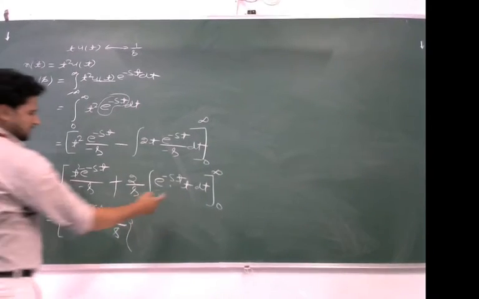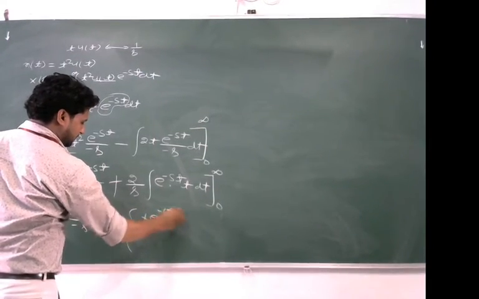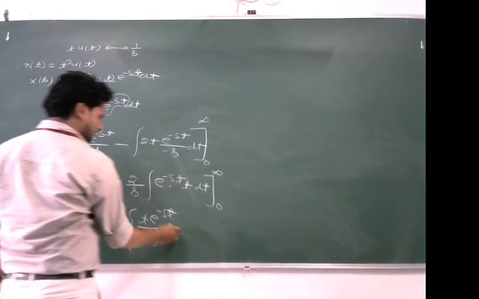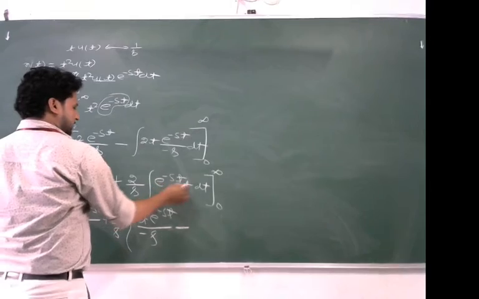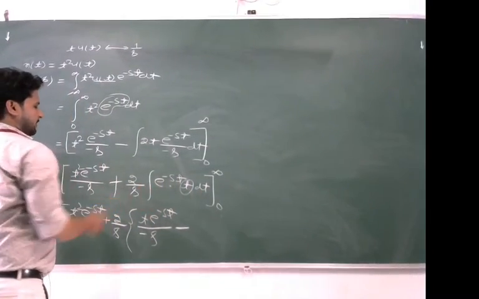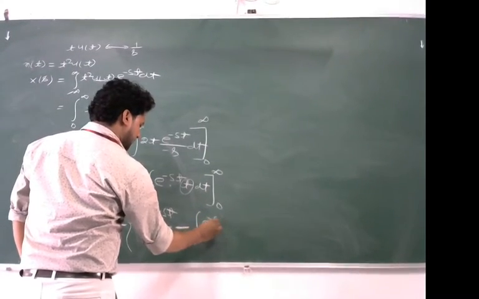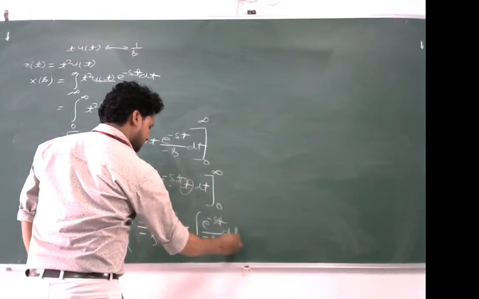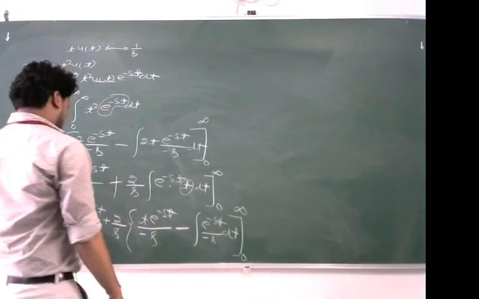Solving this, it will become t into e power minus st by minus s, minus the integration of the differentiation of this function into the integration of e power minus st, so e power minus st by minus s dt. The limit will remain from 0 to infinity.